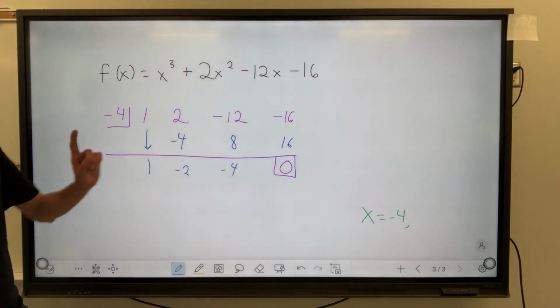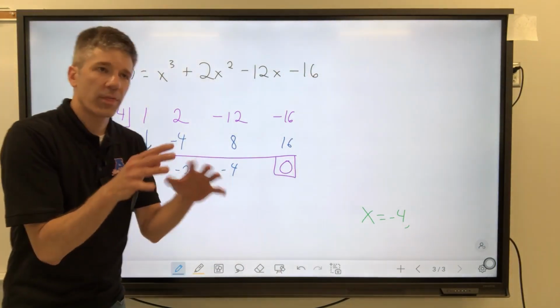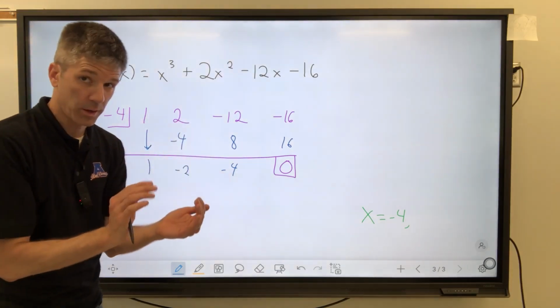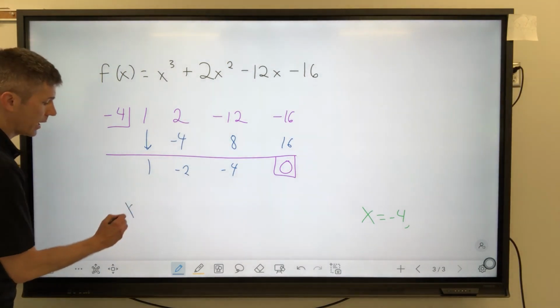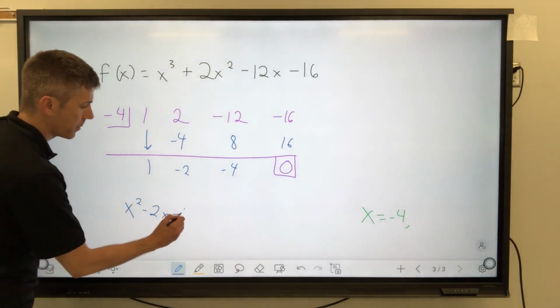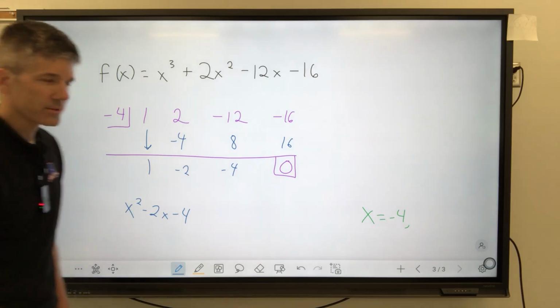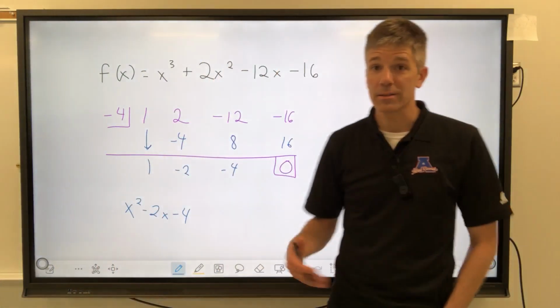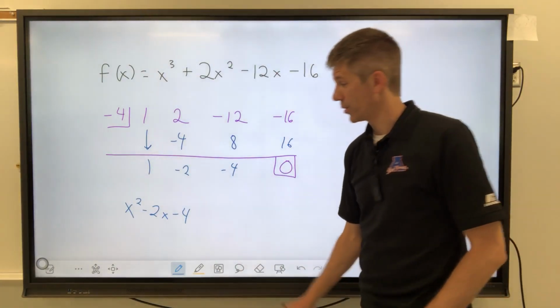So when we divide the factor of x plus 4, which means we use synthetic division with the -4, we're going to have 1x squared minus 2x minus 4, and that's what's left over. Now, I don't say that in a remainder sense, but that is our quotient. We need to set that equal to 0 and solve it.